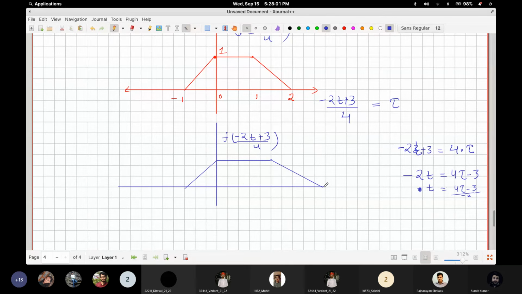But now instead of t, it is versus minus 2t plus 3. Okay, and this point here becomes 8. This 1 becomes 4. This 0 becomes 0 only, and this 1 is again going to be let's say 4 only. Okay, is this clear?